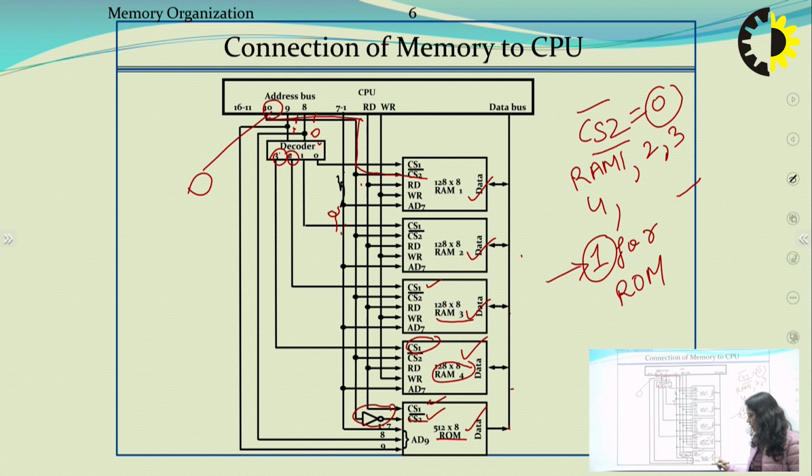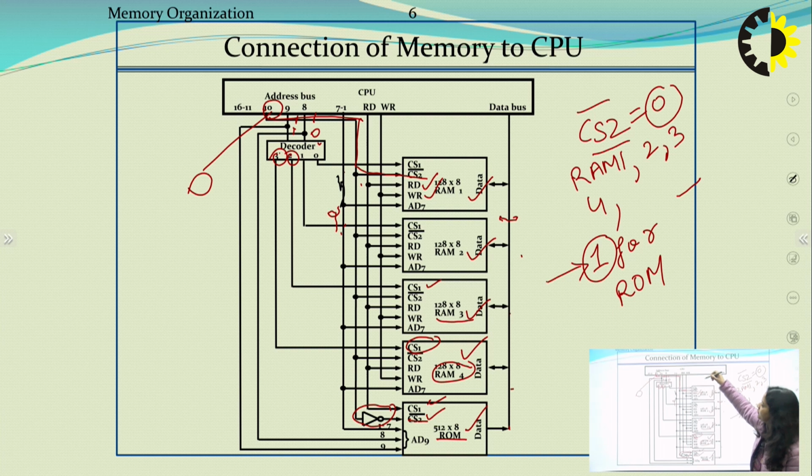So here there is only one signal, that is only a reading signal, not a writing signal. Only a read selection line will be here. But in RAM chips, we have read lines also.